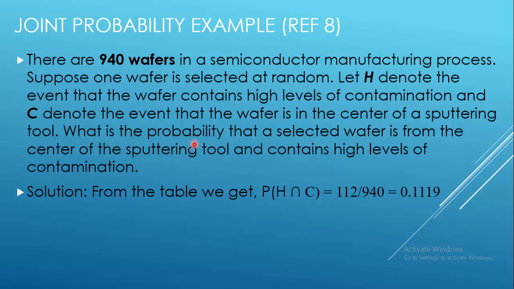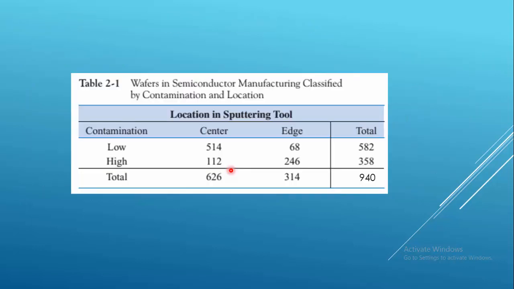What is the probability that a selected wafer is from the center of the sputtering tool and contains high levels of contamination? So here this table is given where we have contamination on the left hand side and location in the sputtering tool over here, center and edge.